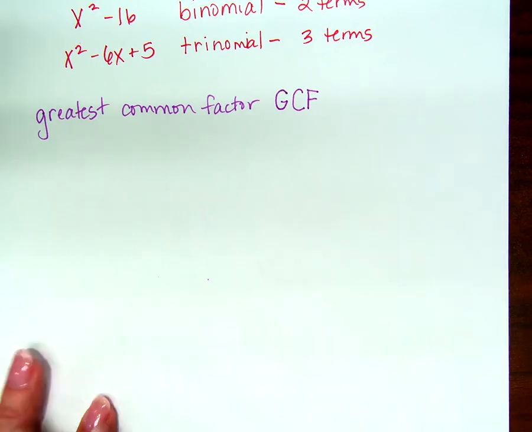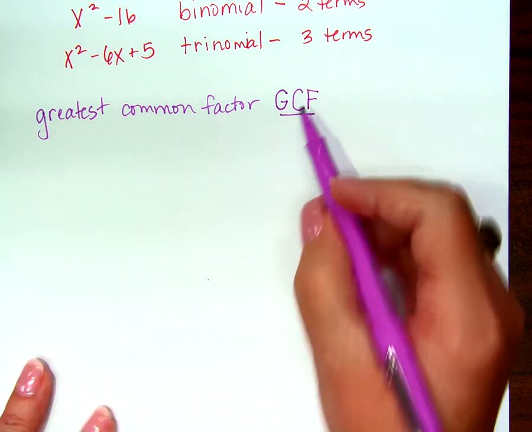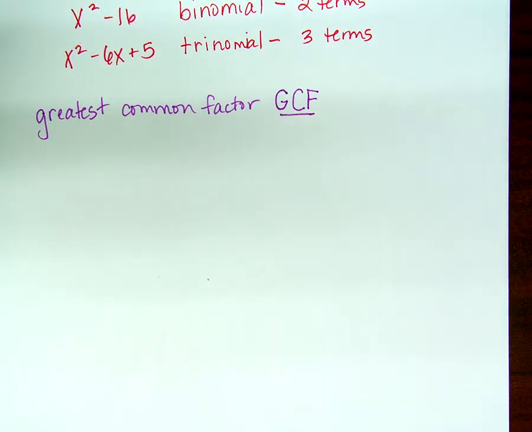GCF. May I call it GCF, or do I need to call it greatest common factor? GCF is good? So, last week, what did we do in relation to polynomials? We multiplied, we divided, we added and subtracted, right?